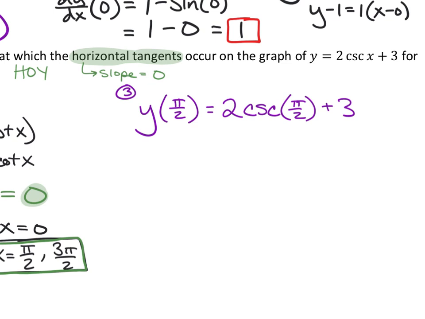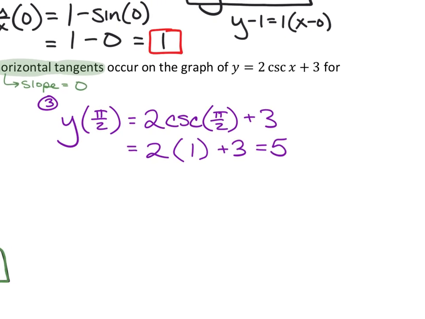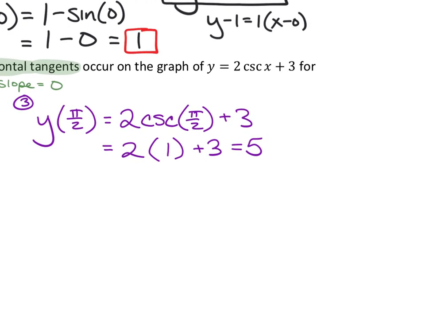What's the reciprocal of 1? Oh, we're overthinking that. What's the reciprocal of 1? It's still 1. 1 over 1 flipped over is still 1 over 1. 2 times 1 plus 3 is 5. The first coordinate point where we have a horizontal tangent is pi over 2, comma 5.